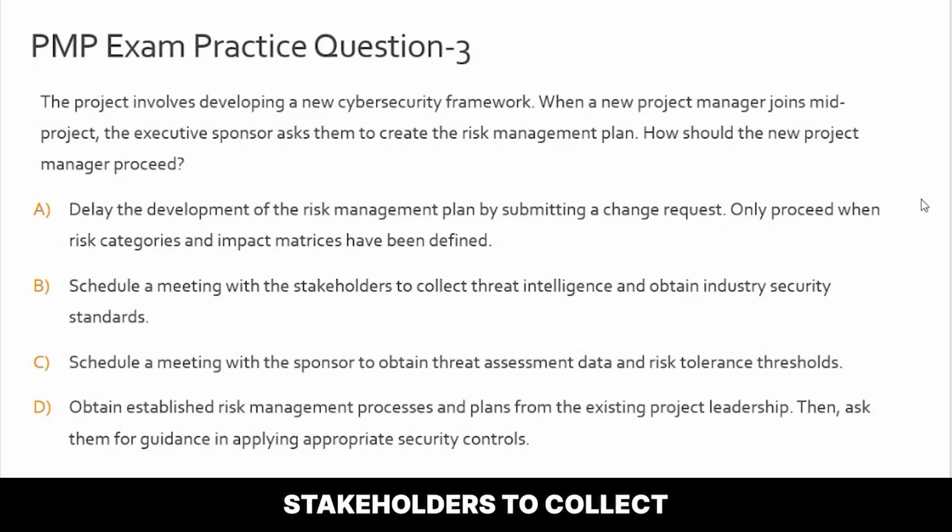Option B: scheduling meetings with stakeholders to collect threat intelligence and industry security standards. Now, while stakeholder input is valuable, jumping directly to external sources before understanding internal processes could lead to misalignment within organizational practices. Okay, it's like thinking that I have not set my own house in order and I am going outside the boundaries of my house to establish order and harmony, right?